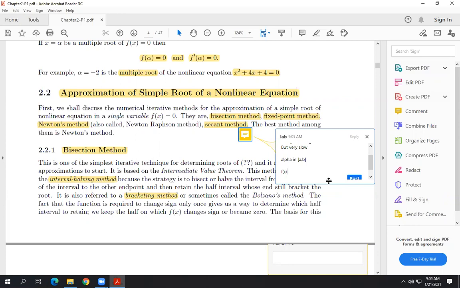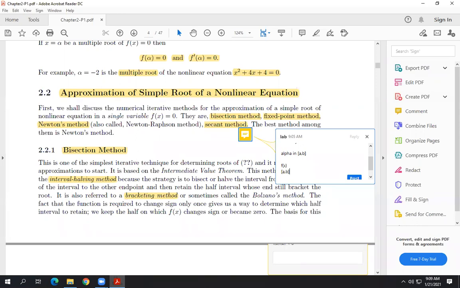Right? What is the second thing you need, please, in chapter number 2? I told you last time. You need the location of alpha, the interval, where alpha is inside here.